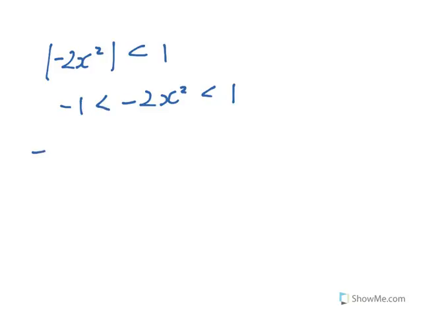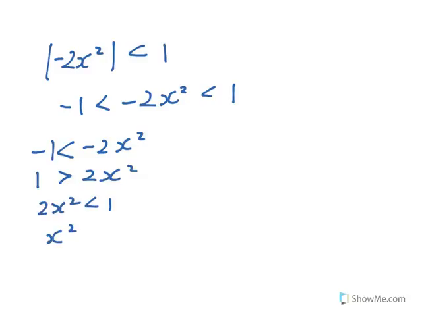Let's consider -1 < -2x². Dividing both sides by a negative number, we have 1 > 2x², or x² < 1/2, so x is between -1/√2 and 1/√2.